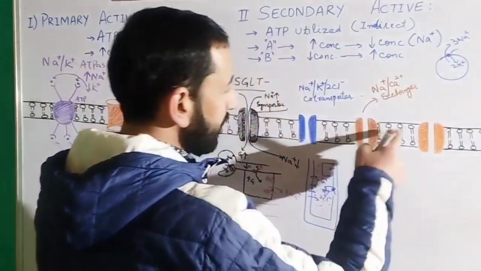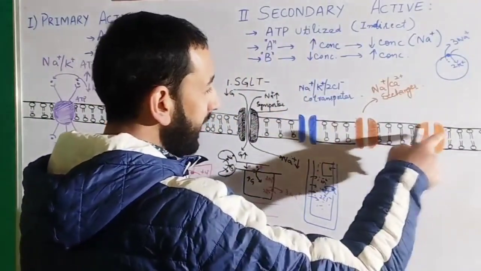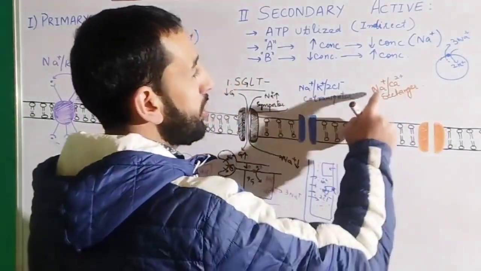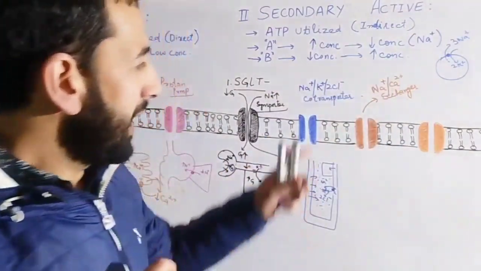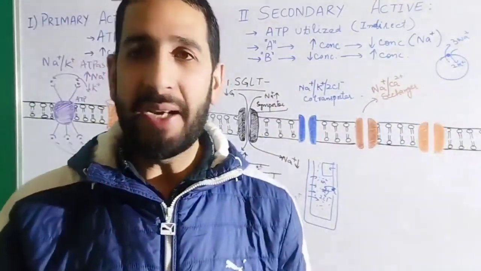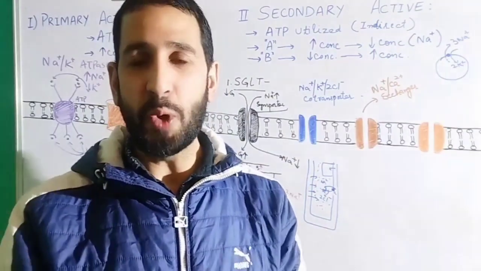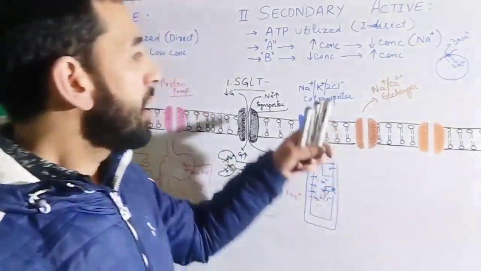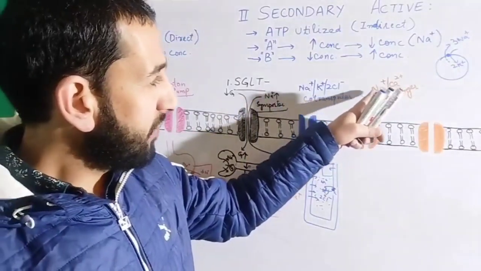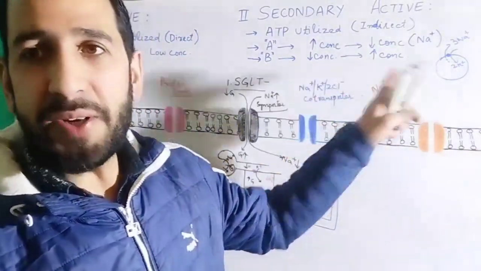Now suppose this is the muscle cell membrane. The sodium calcium exchanger transports sodium and calcium, but it is an exchanger. It is also called the sodium calcium antiporter. So it will transport sodium and it will transport calcium.